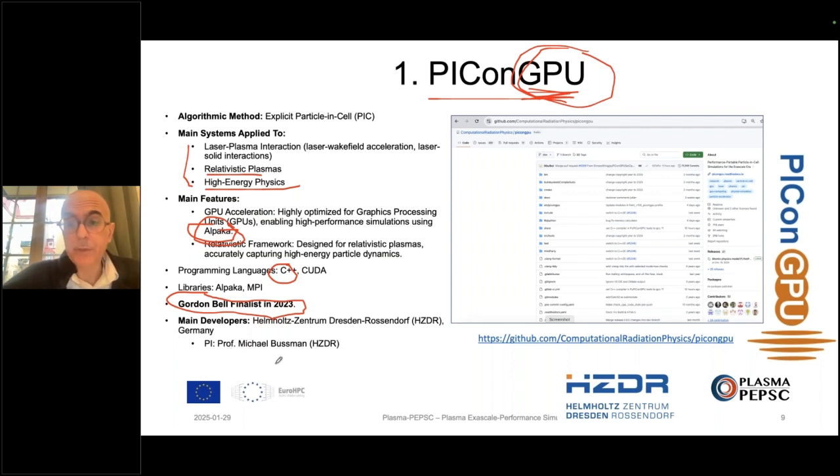We're very happy to have them in Plasma-PEPSC because they provide a point of reference for all the codes on how to improve portability and GPU porting, and also explore many of these tools that the Dresden group has been supporting and developing.